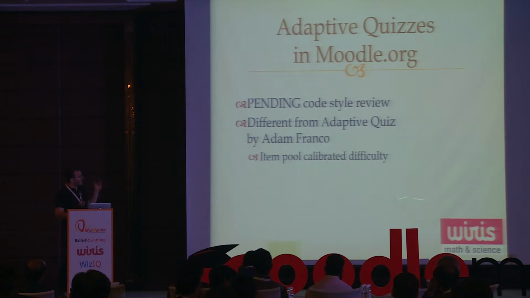We were pending some code style review to upload it to Moodle.org. Moodle.org has its own styles for coding, so we need to recode a little bit to upload it there. And it's important to notice that when we started to look into what was available for adaptive quizzes, we found this module from Alan Franco, called Adaptive Quiz.